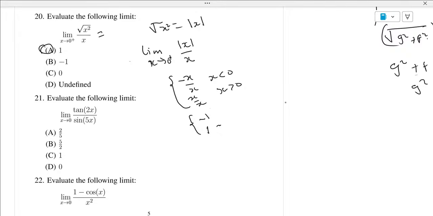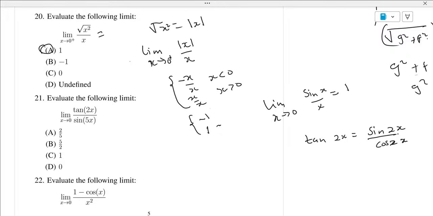We know that if we evaluate the limit as x approaches 0 of sine x on x, we are going to get 1, right? So from here, we can say that tan 2x is the same as writing sine 2x all over cos 2x. Do you agree? I know that definitely all of you agree.